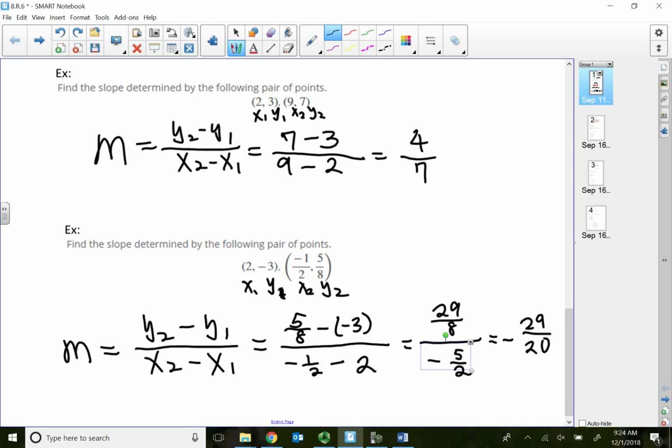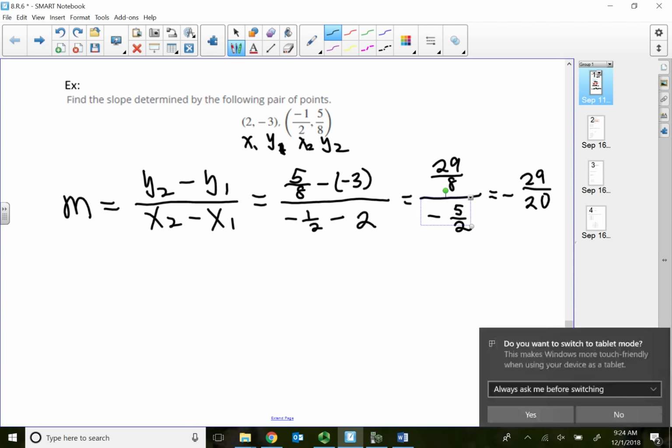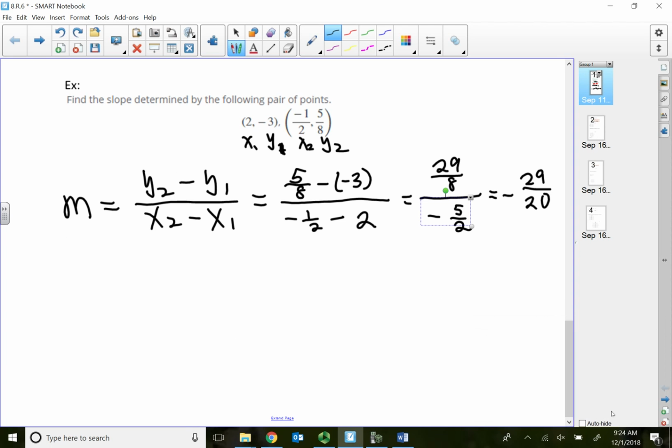And I would love for you to put this negative sign in front of the fraction, rather than in the denominator. So my slope is going to be negative 29 over 20. So to go from one point to the next point, we will go down 29 places and then go to the right 20 places.